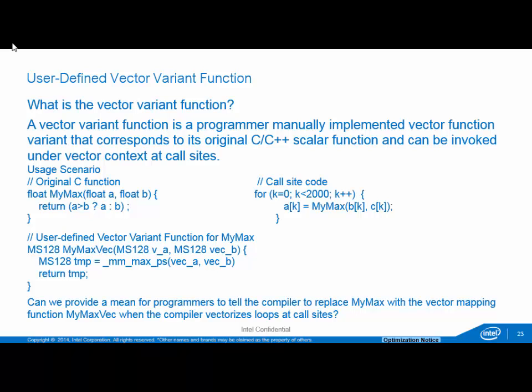So again, this is the original scalar function, and a user implemented their vector version of the function. How can the compiler associate those two functions together? When we vectorize the loop calling the scalar one, we can replace this mymax with the user-provided my vector max, right? That's pretty much the scenario of this feature.